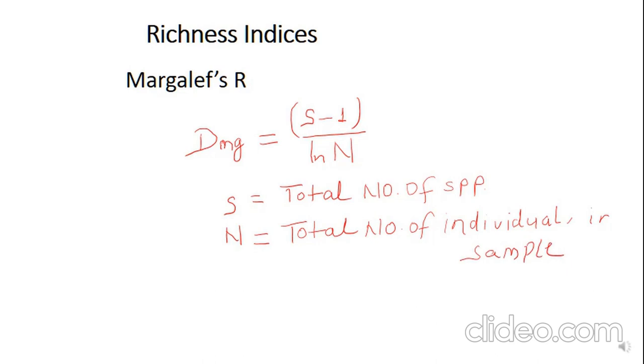Next index is the Menhinick Richness Index. It can be denoted by D_Mn. It is equal to S divided by root n.